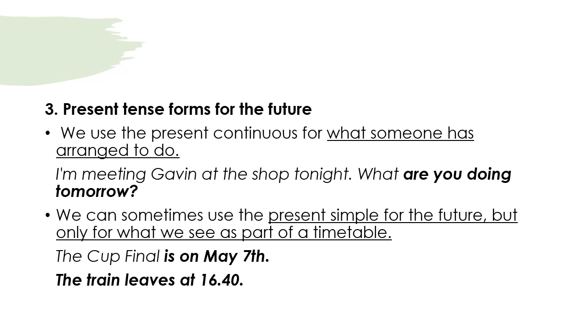For example, the cup final is on May 7th. The train leaves at 16:40. So simple present, when used for the future, talks about timetables or fixed arrangements. And present continuous, when we use it to talk about the future, is something like an arrangement, what someone has planned to do.